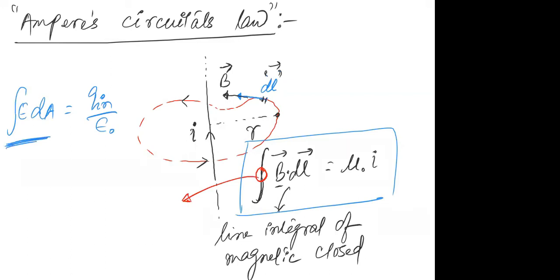Here you had the integration of the electric field over a closed surface, so it was called a surface integral, and the surface integral was equal to the charge inside the surface divided by epsilon naught.